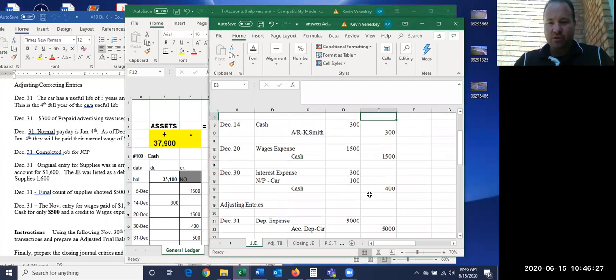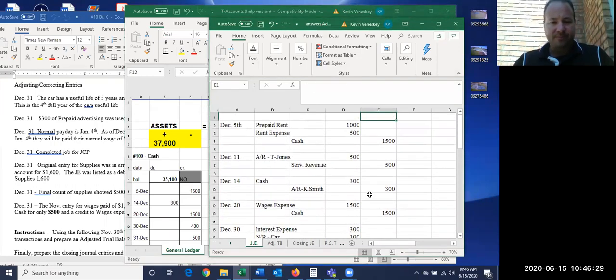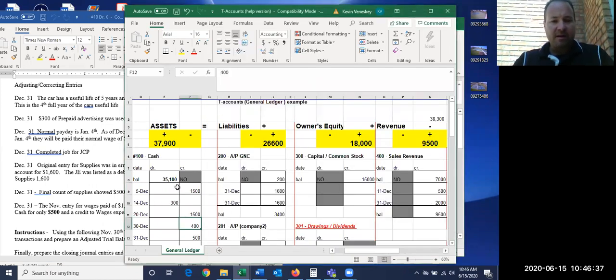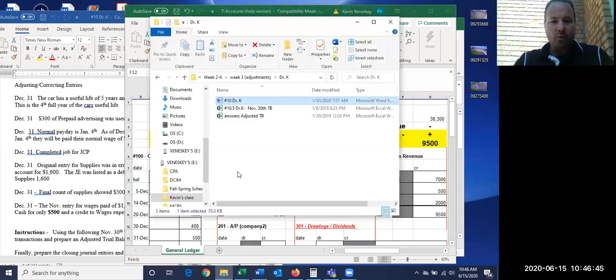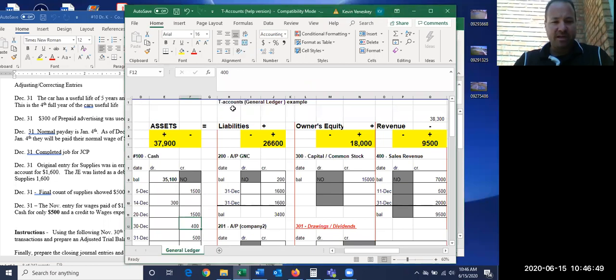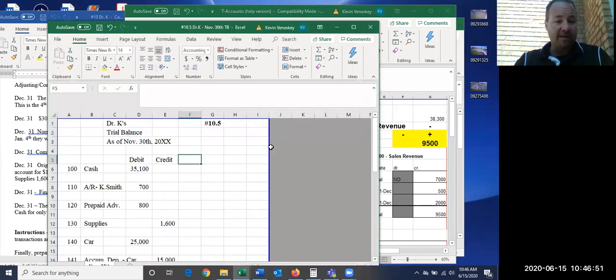For anything else in the 2 or 400, I don't see anything. The next thing I want to do is check to see if all of my beginning balances, if I put those in correctly. So I'm going to pull up that old trial balance, because there's a chance that I just put something in wrong or forgot something.